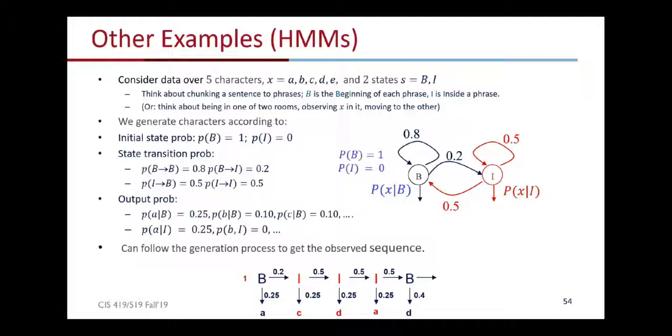Once you know how to estimate this, you're done, and you can estimate the likelihood of sequences or make predictions on these sequences. Now, why is it called hidden Markov model? It's hidden because typically we will not know the states we're in.